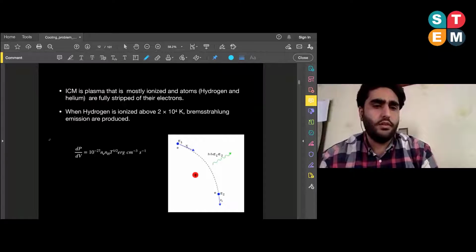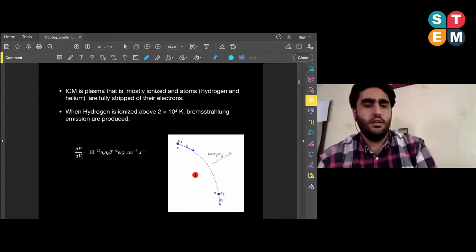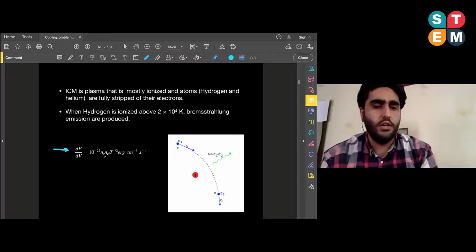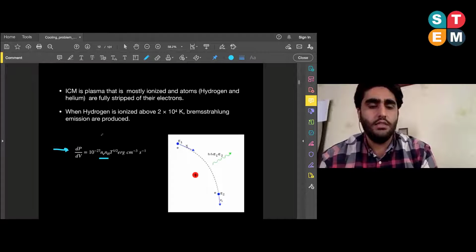The power of this radiation per volume is proportional to the number density of electrons, the number density of hydrogen atoms, and the square root of temperature.